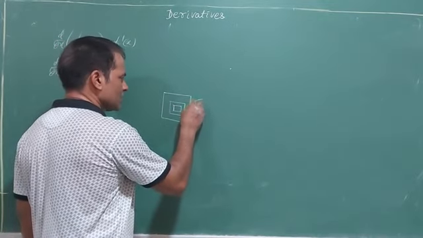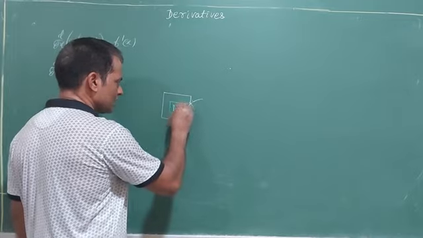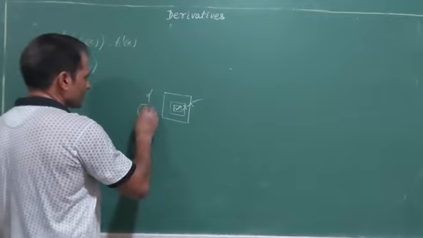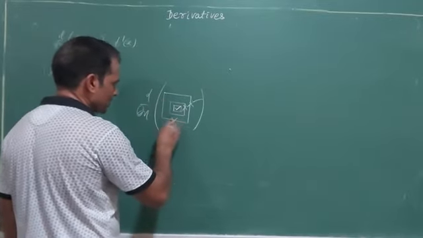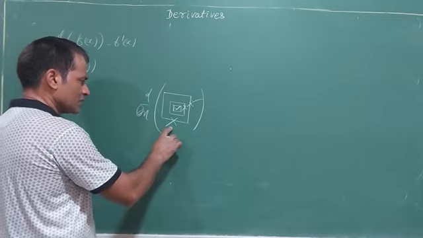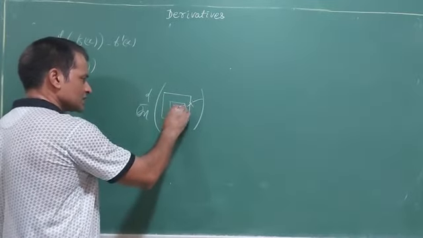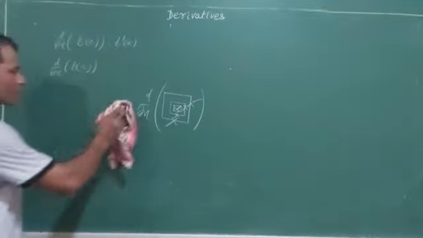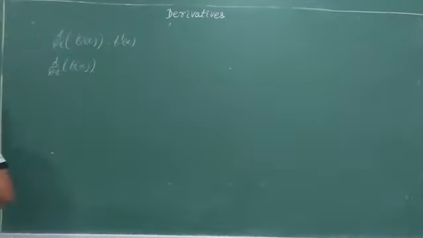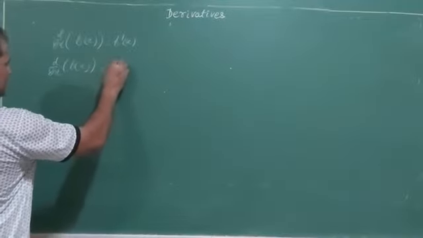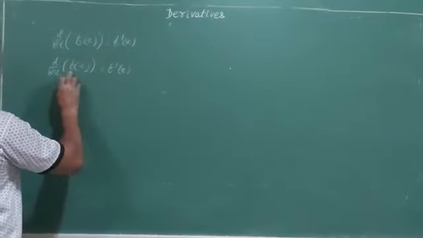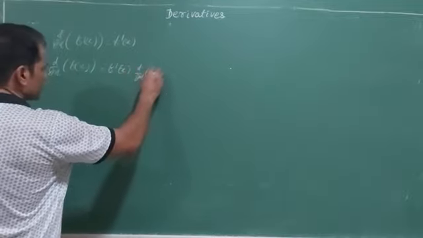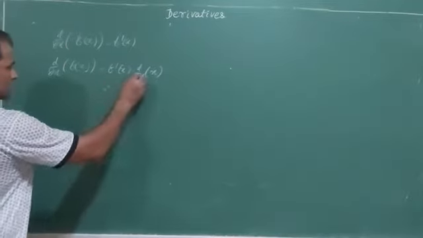First you remove one layer, then the next, then you reach the item. So derivative is similarly like that. If I apply d by dx to this bracket, first I will handle the derivative of the outer one. Once it is over, then I will go to the next one, and the last one is this. That means d by dx of f of x is f dash x into d by dx of x. That's why it gives me f dash x.